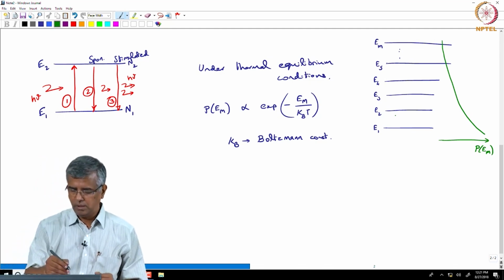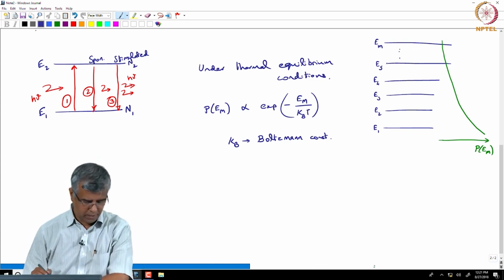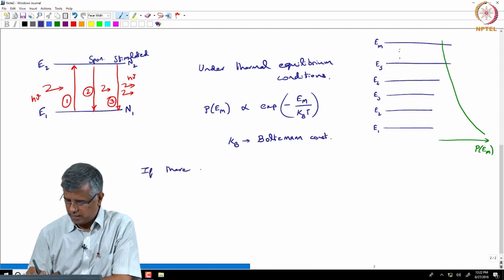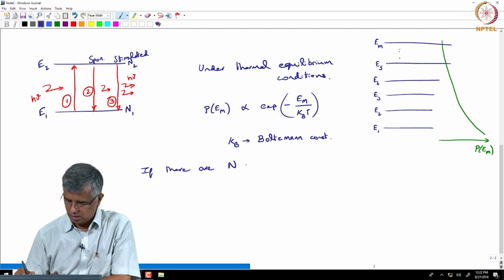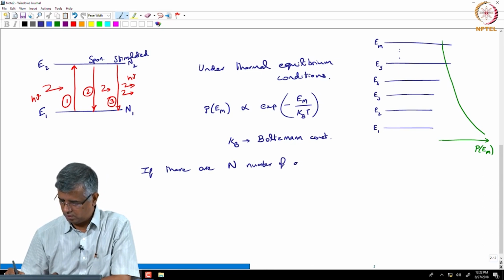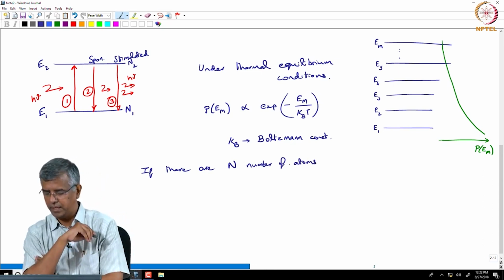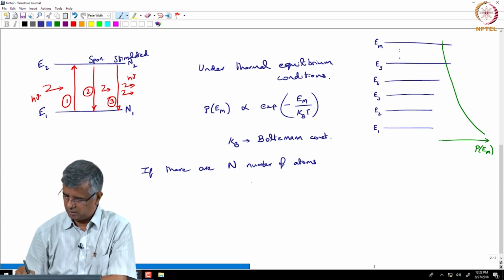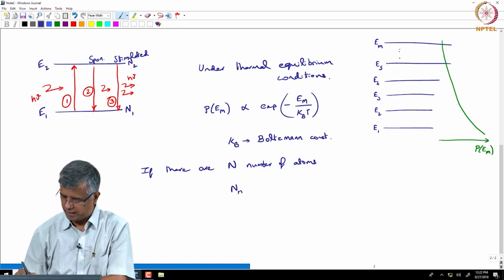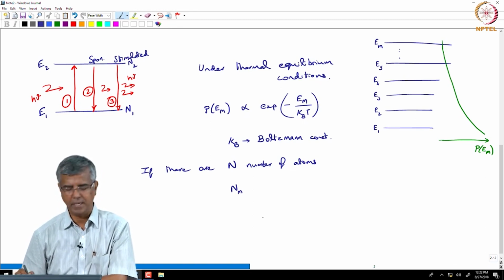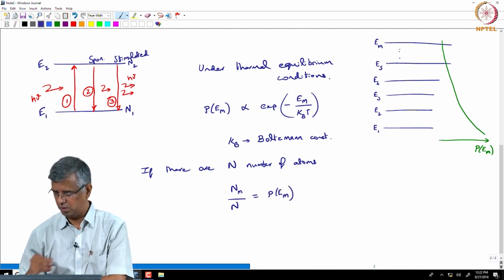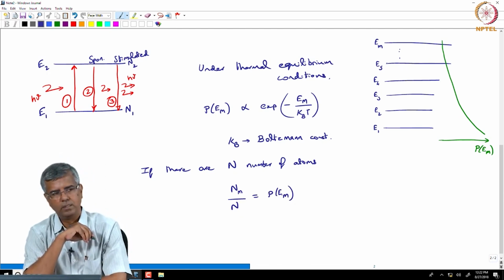So, in this case, if there are n number of atoms, then what we can say is Nm, which corresponds to the number of atoms at energy level Em, Nm over n will correspond to the probability that you have an electron in that excited state Em, okay.